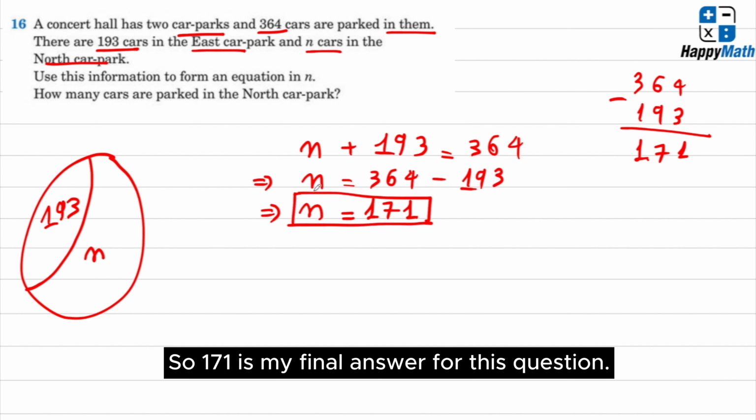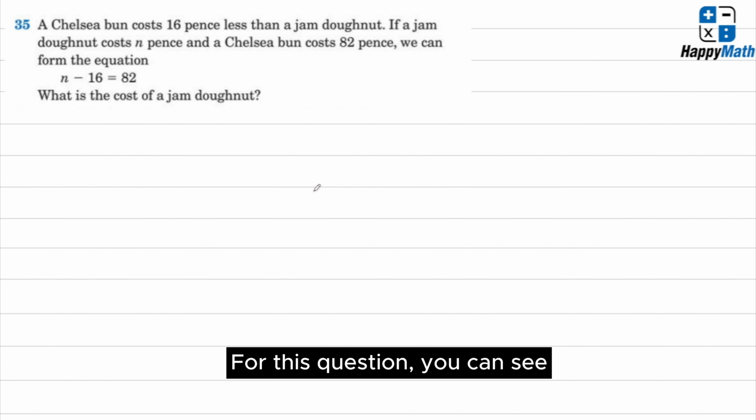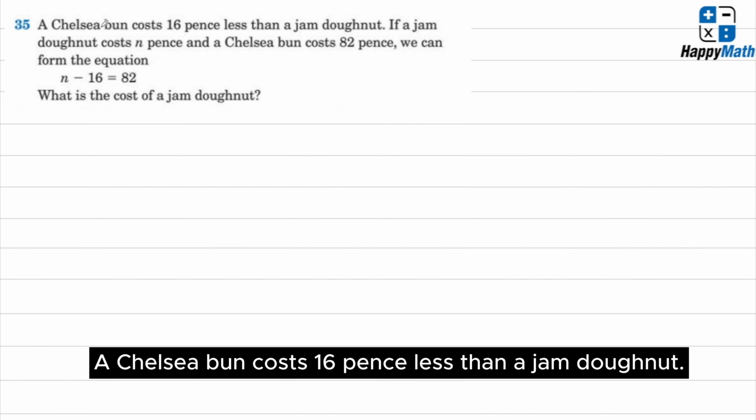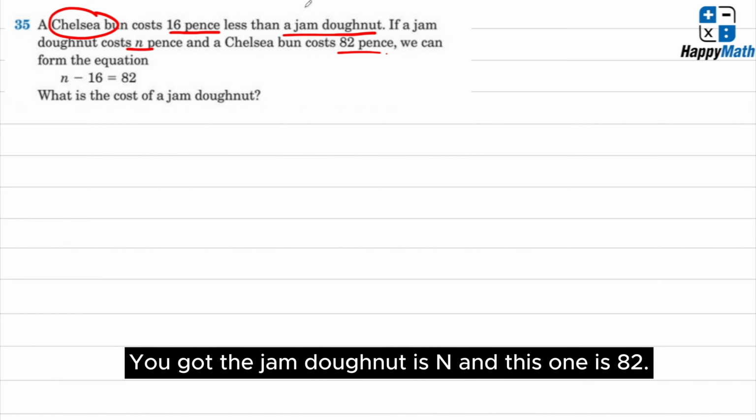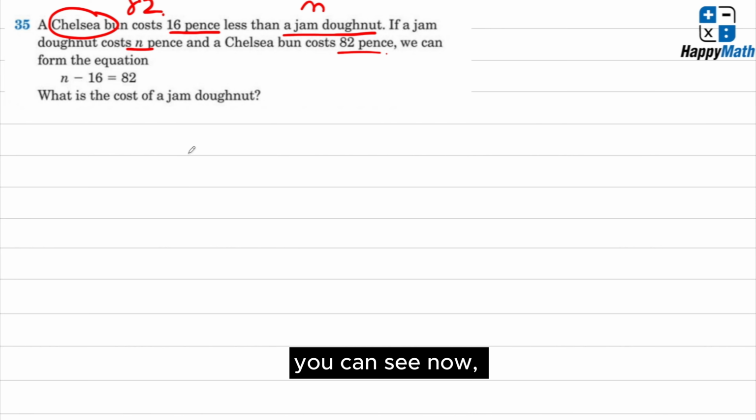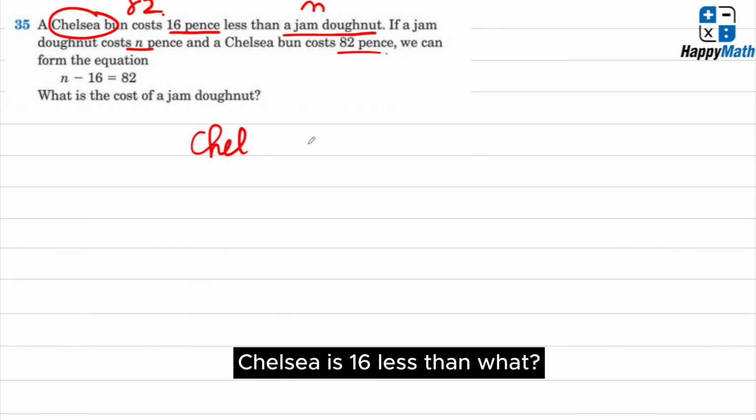Okay, we finished this question. For this question, you can see a Chelsea bun costs 16 pence less than a jam donut. A jam donut costs n, and the Chelsea bun costs 82. Less than means this one is less than this one. So the Chelsea bun is 16 less than what?